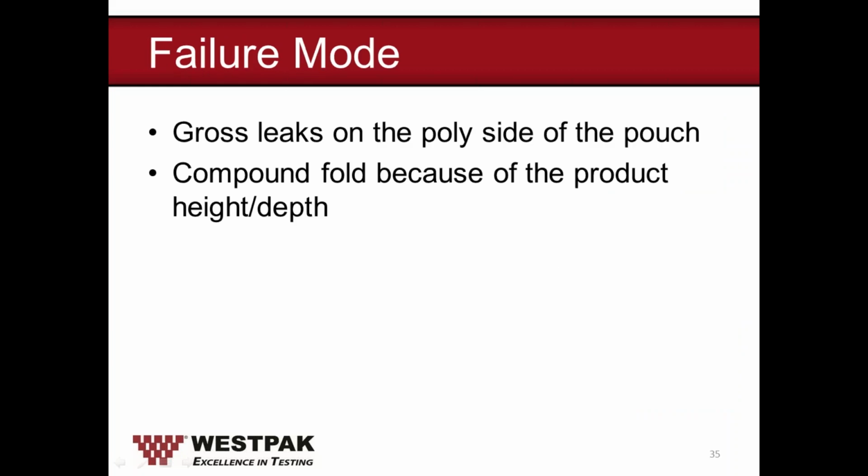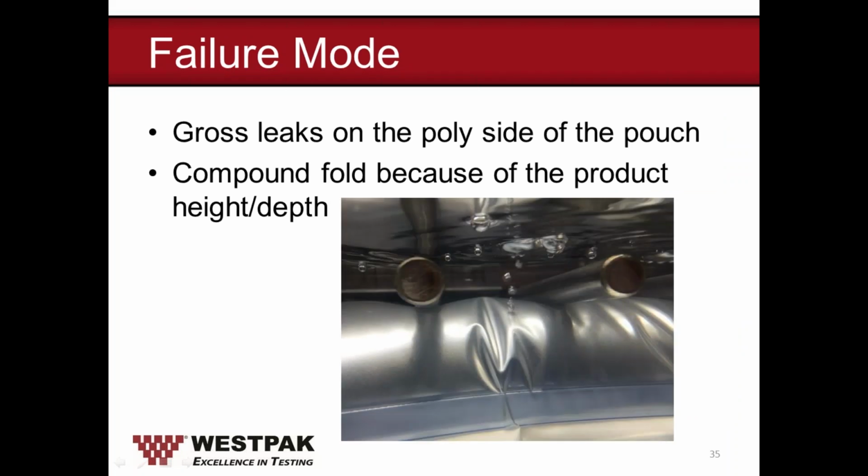Failure mode. He did everything fine with package performance, conditioning, and package performance. Now he has a failure when he did the gross leak detection and bubble testing. Gross leaks were found on the poly side of the pouch. It had compound folds because of the product's height and depth.